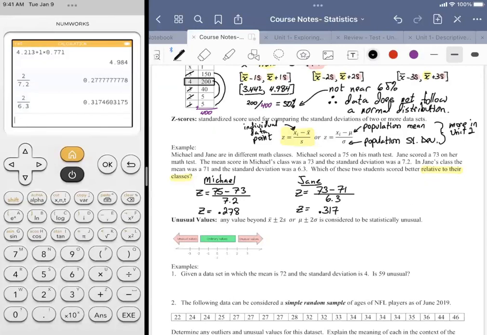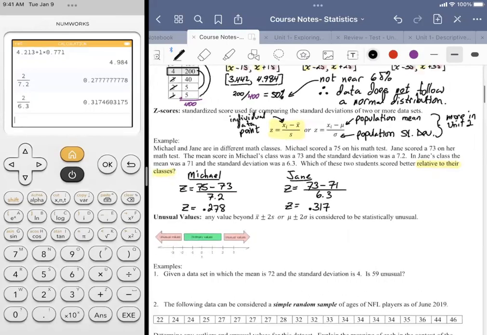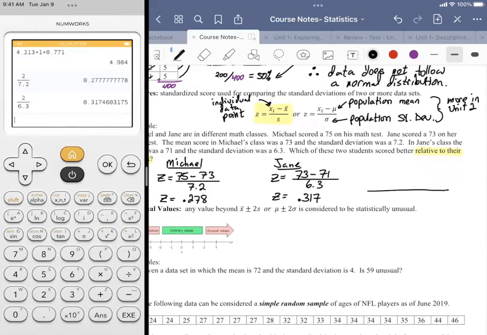All right, so I'm going to draw a picture of a normal distribution real quick. By creating z-scores, we standardize it so that the center of the normal curve is equal to 0. That's the mean. Standardizing reduces, in each case, whatever the deviation was into a standardized value per 1 unit of standard deviation.